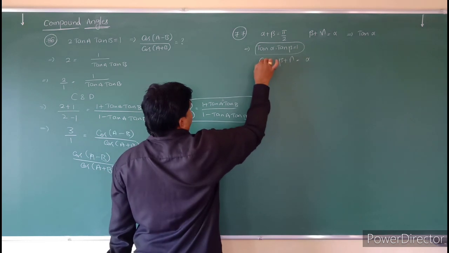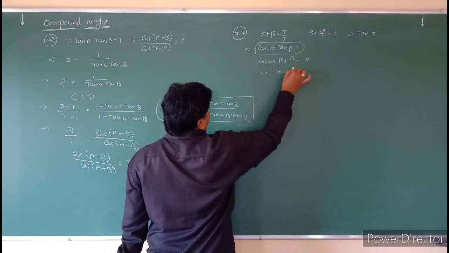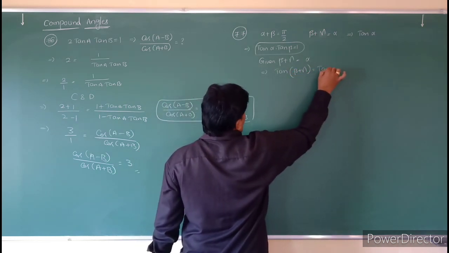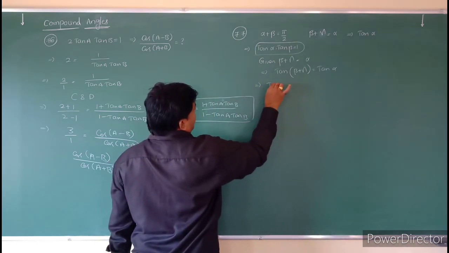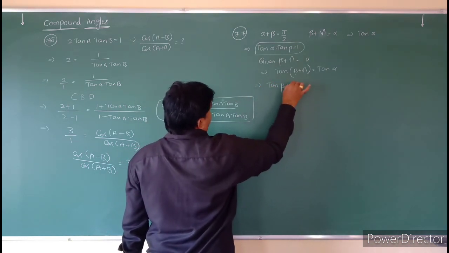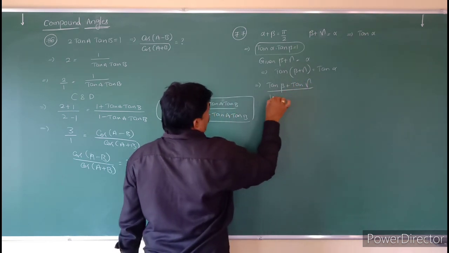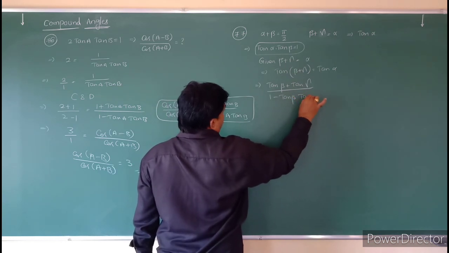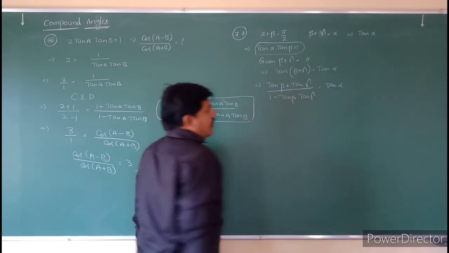So that implies tan of (beta plus gamma) is equal to tan alpha. So apply the formula here. What will we get? Tan beta plus tan gamma by 1 minus tan beta into tan gamma is equal to tan alpha.